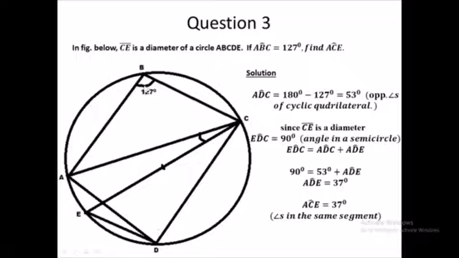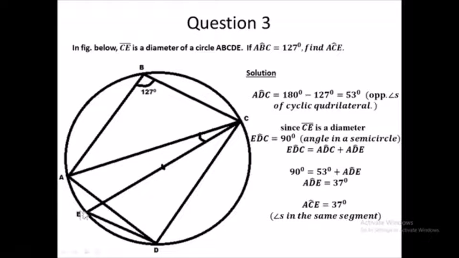So if this one is 127 degrees, I can find this angle here, angle ADC, by removing 127 from 180. This angle ADC is equal to 180 minus 127, and that gives us 53 degrees. These are opposite angles in the cyclic quadrilateral.